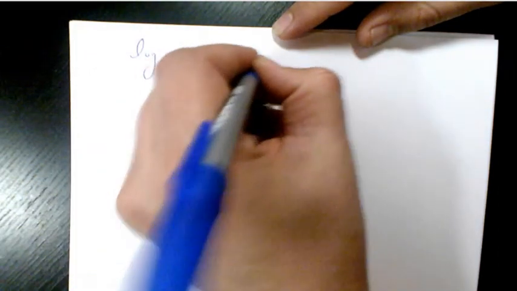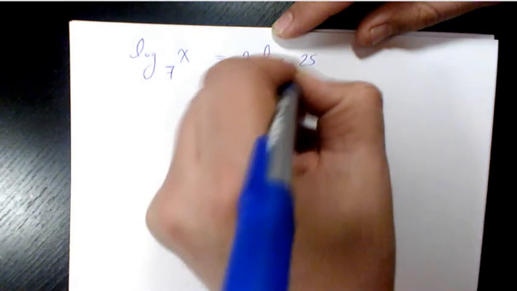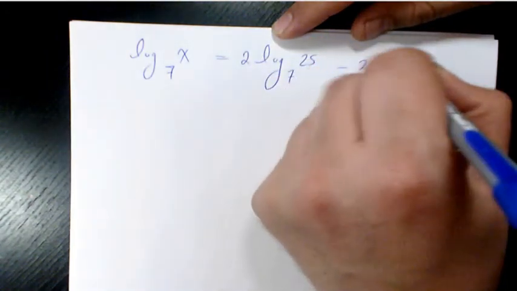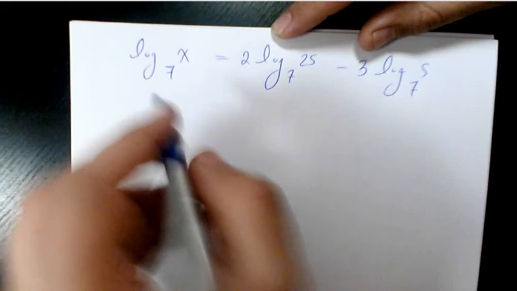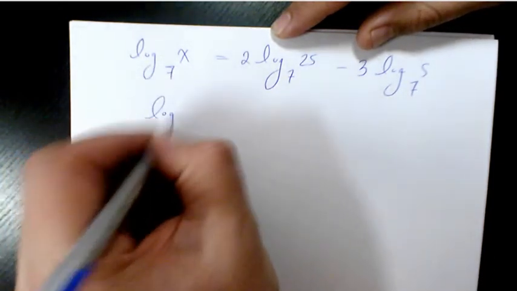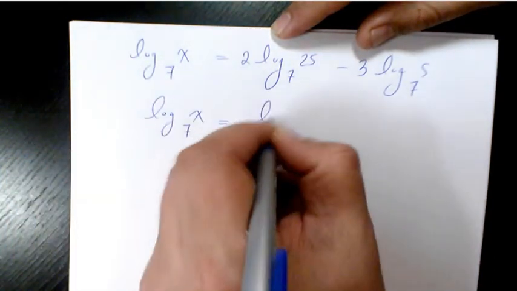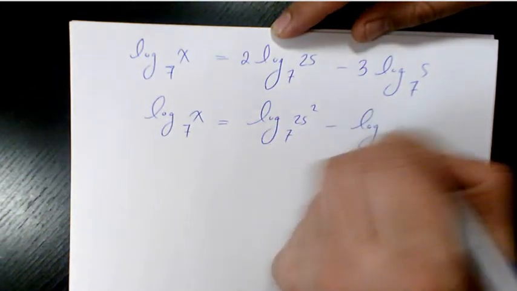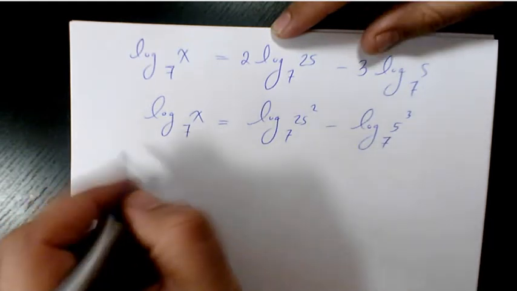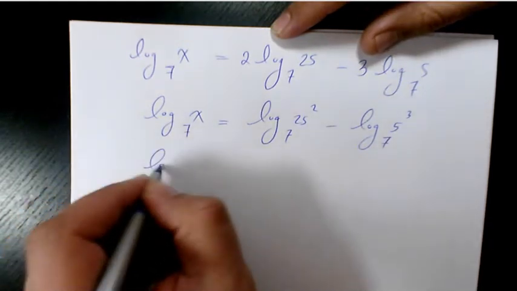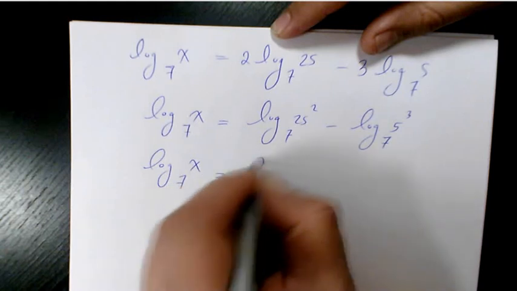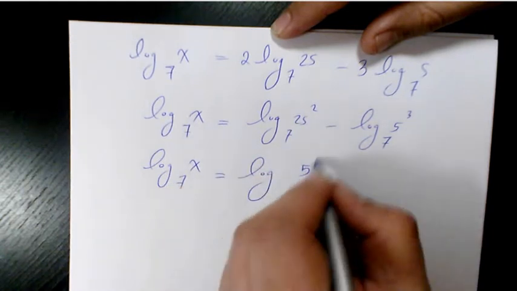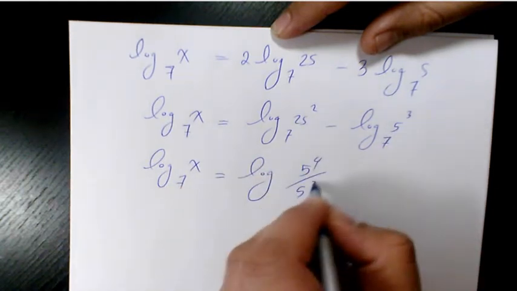Next one. Log x base 7 equals 2 log 25 base 7 subtract 3 log 5 base 7. That's going to be log x base 7 equals log 25 squared base 7 subtract log 5 cubed base 7, which will be log 25 squared is 5 to the power 4 divided by 5 to the power 3.